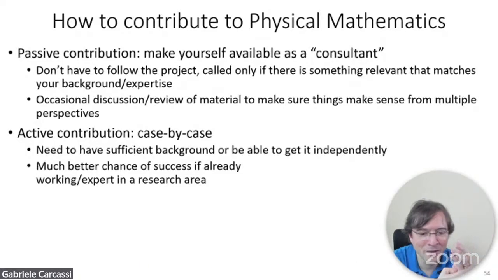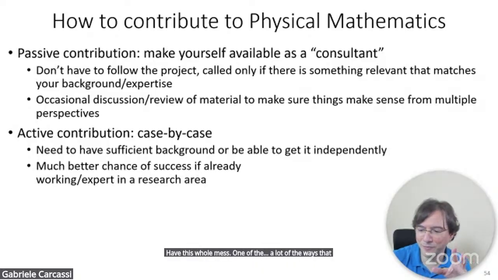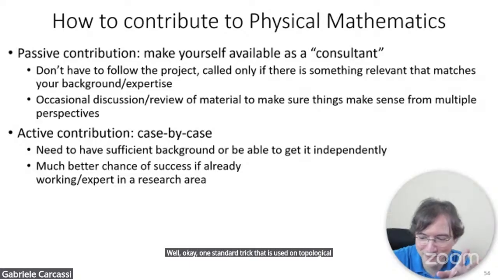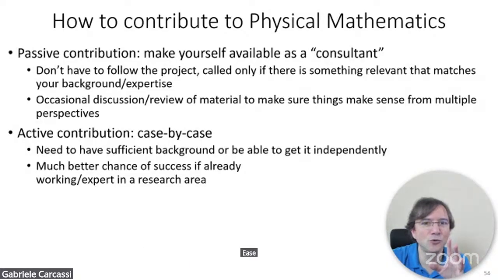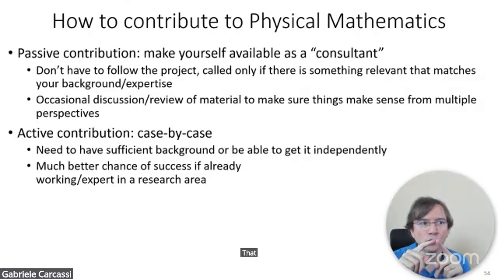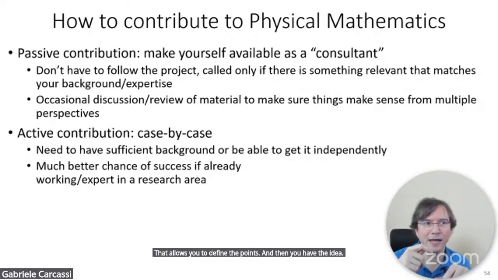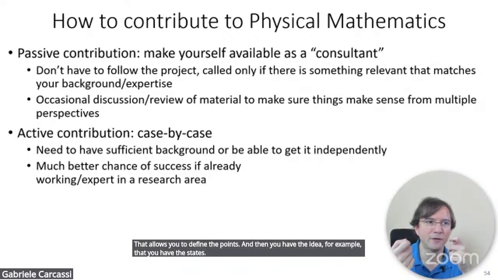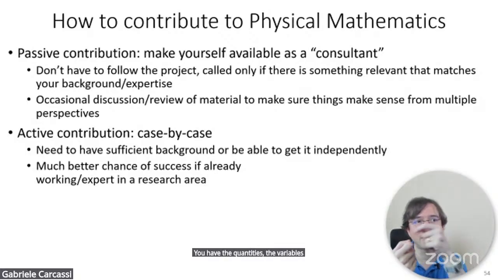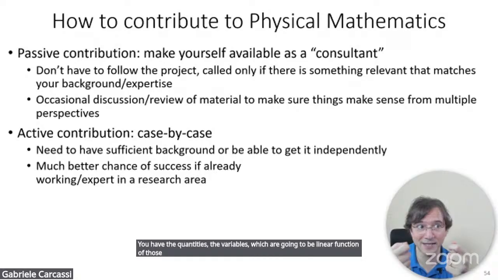One standard trick that is used on topological vector spaces is essentially to have enough linear functionals that allow you to define the points, and then you have, for example, the states, and the quantities, the variables, which are going to be linear functions of those states of the ensembles.